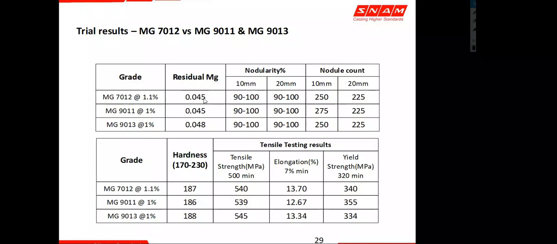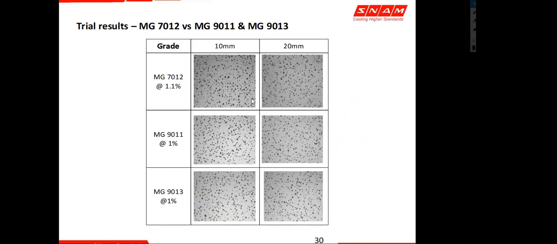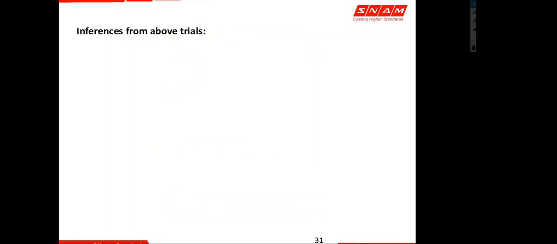So here again you have slightly lesser residual magnesium in number, but it is insignificant when you compare the properties achieved. Metallurgical properties and mechanical properties are met even at the lowest residual magnesium obtained. So these are the microstructural comparisons between the different grades and trials, the results obtained out of the trials.